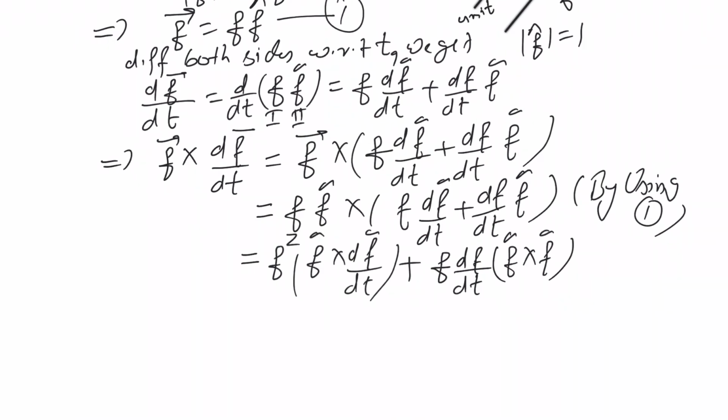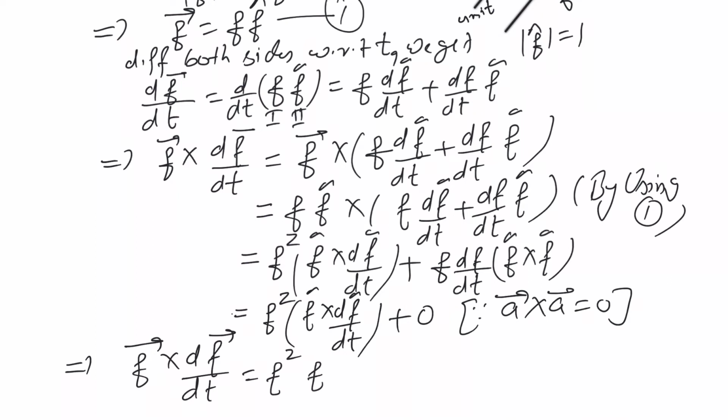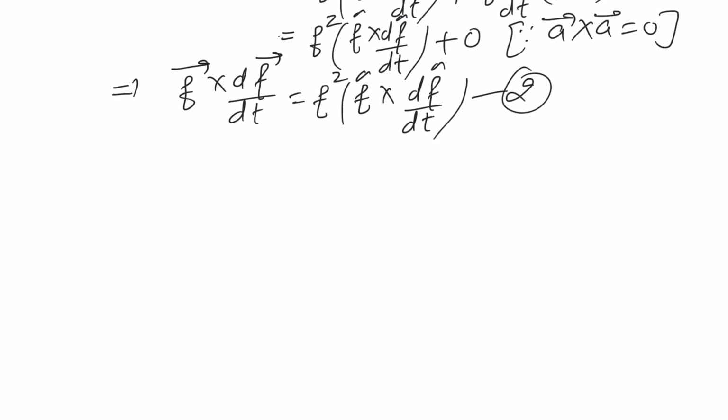And we know that the cross product of two same vectors is 0, because a cross a is 0. This is the result we know. So therefore we have proved that f cross df by dt is equal to f square f cap cross df cap by dt, and you are going to name this equation number 2.